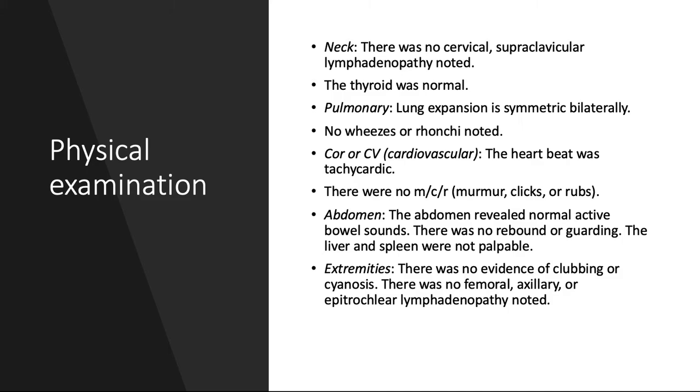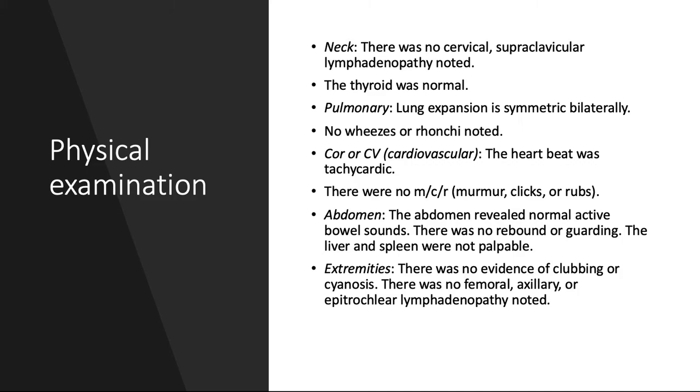During the autopsy, there was no cervical or supraclavicular lymphadenopathy noted. The thyroid was normal. The lung expansion was symmetric bilaterally. No wheezes or rhonchi were noted. The heartbeat was tachycardic. There was no murmur, clicks, or rubs.